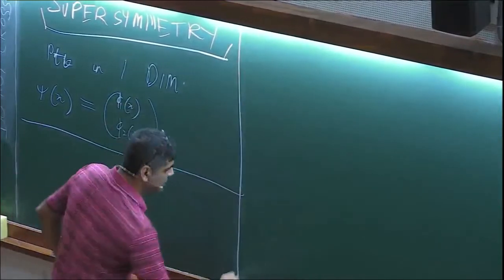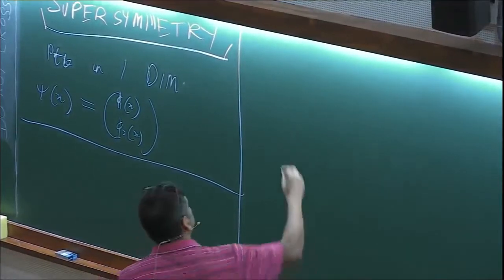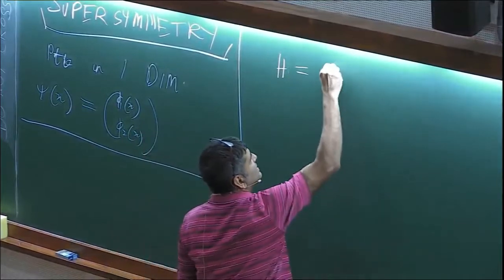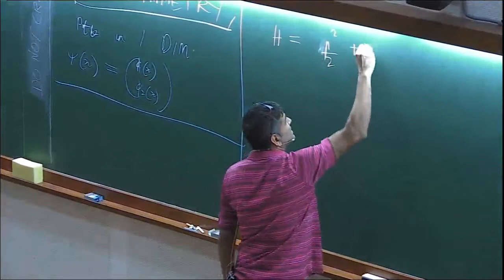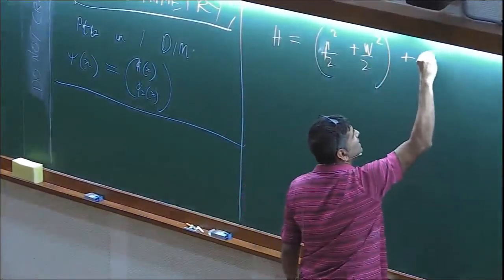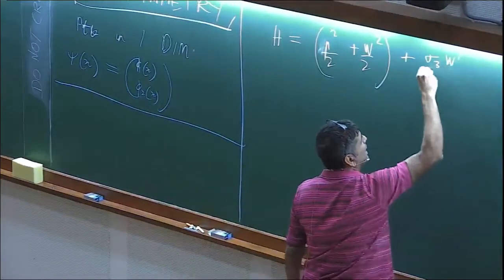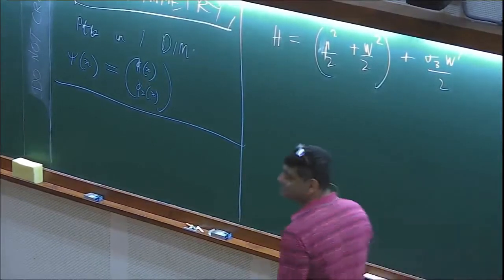So we understand the Hilbert space, it's got the usual norm. Now the next thing I want to do to define the problem I'm going to be studying is to define the Hamiltonian. The Hamiltonian we're studying will be defined by H equal to, since we're in Hamiltonian language, p squared plus W squared, over 2, plus sigma 3 W prime over 2.